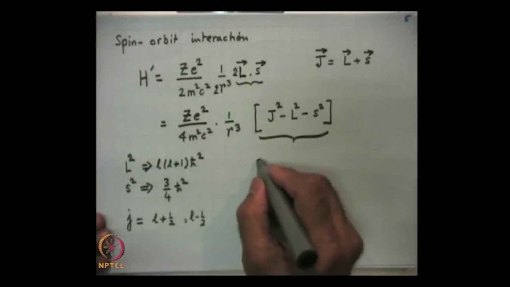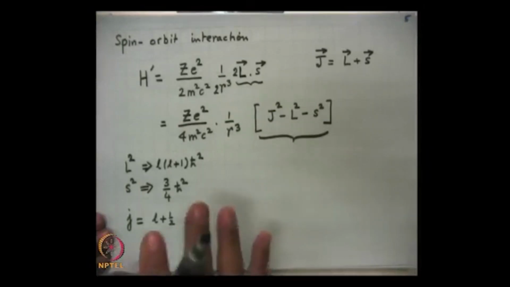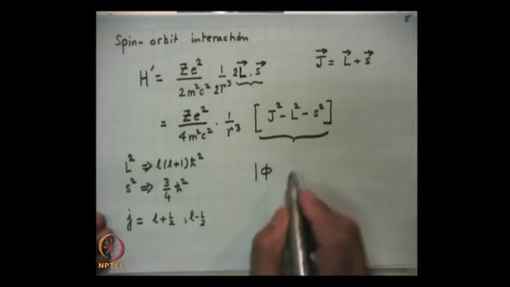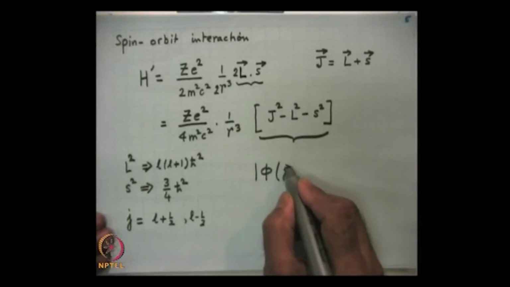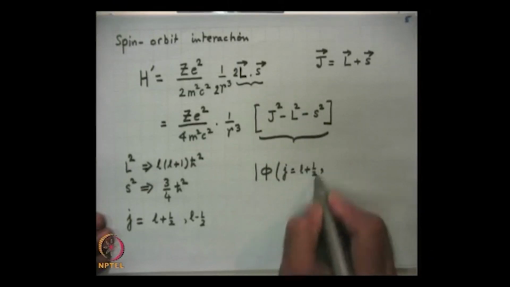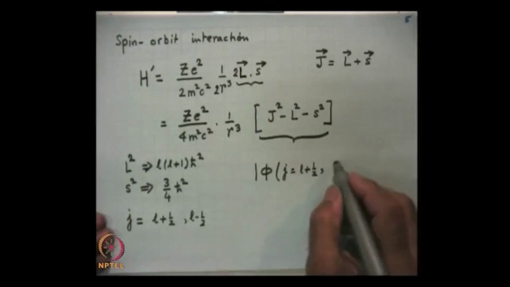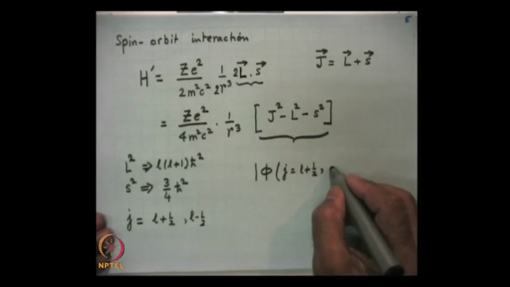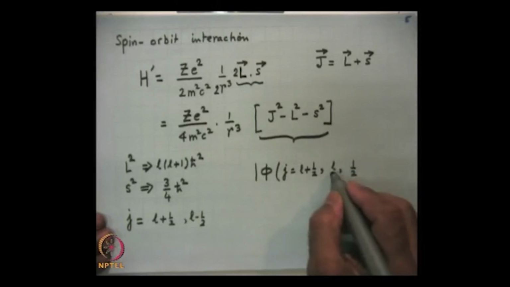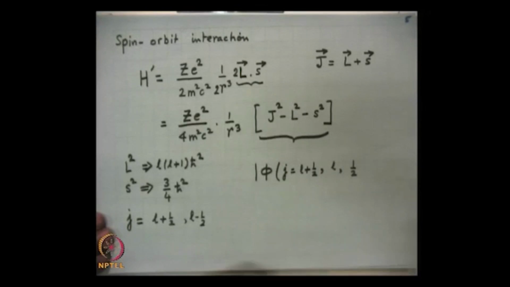To calculate the effect of the perturbation, I must choose the functions for which J will be either L plus half or L minus half, which are eigenfunctions of J square, L square and S square.